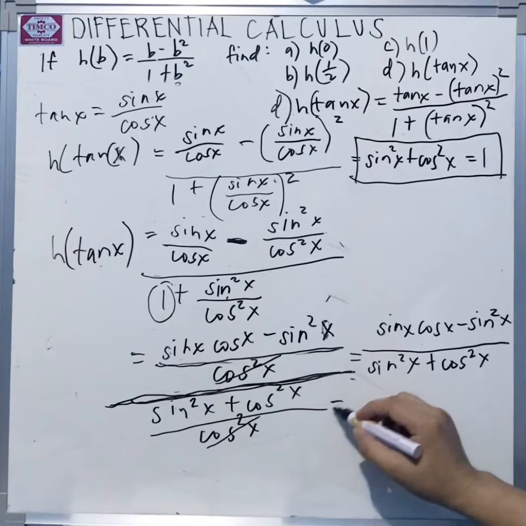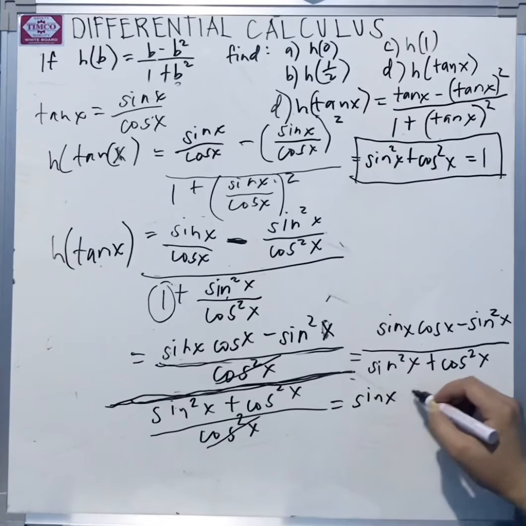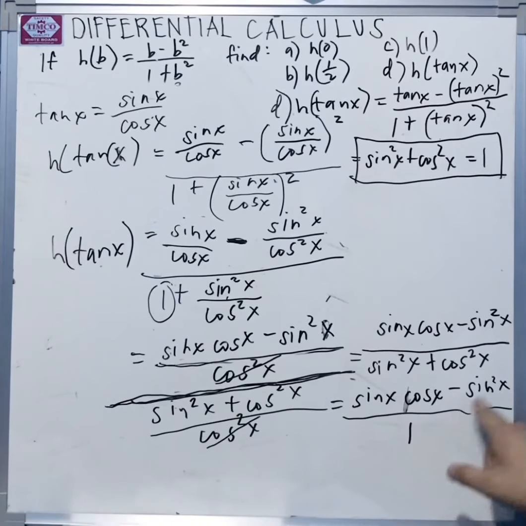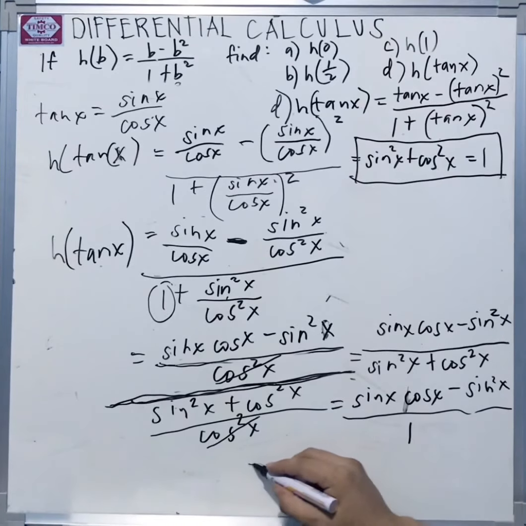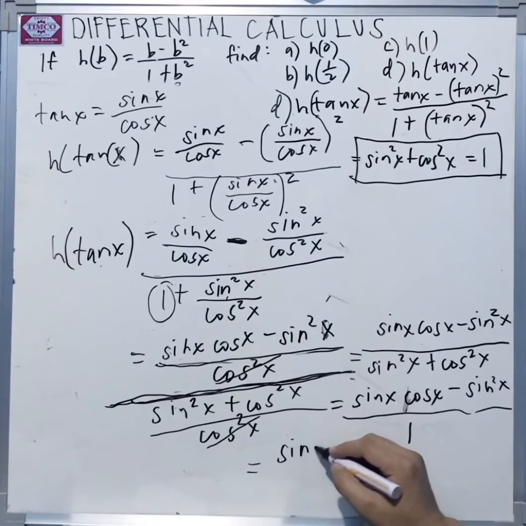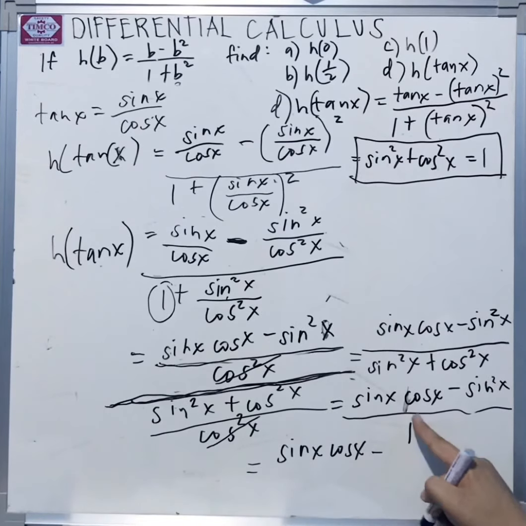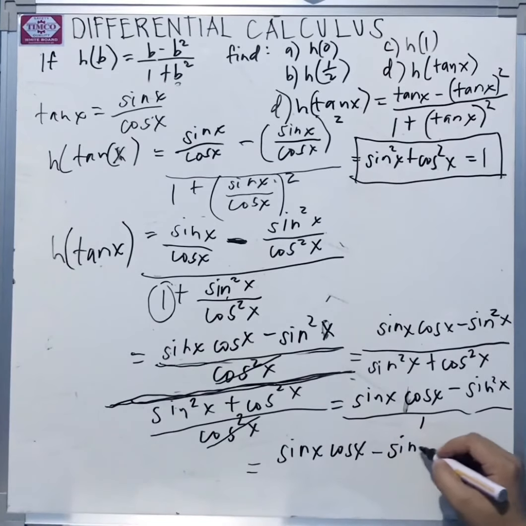So we have sin x cosine x minus sin squared x all over 1. Okay? So we have answer na: sin x cosine x minus sin squared x.